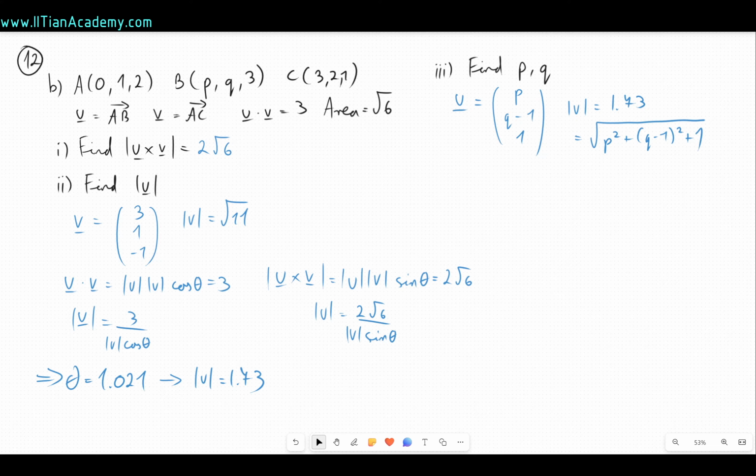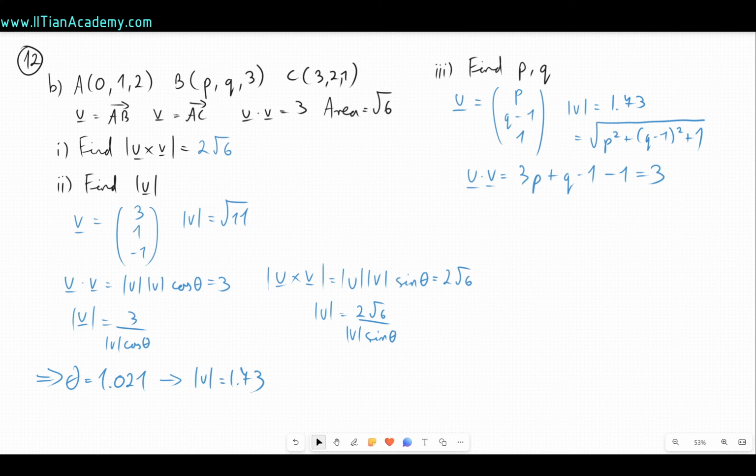All right, so what we can also do now is write down the dot product of u and v. So we can just take the dot product of these two vectors over here. So that will be 3p plus q minus 1 minus 1. And we know that this is equal to 3, as we've been told at the very start that the dot product of the two vectors is 3.